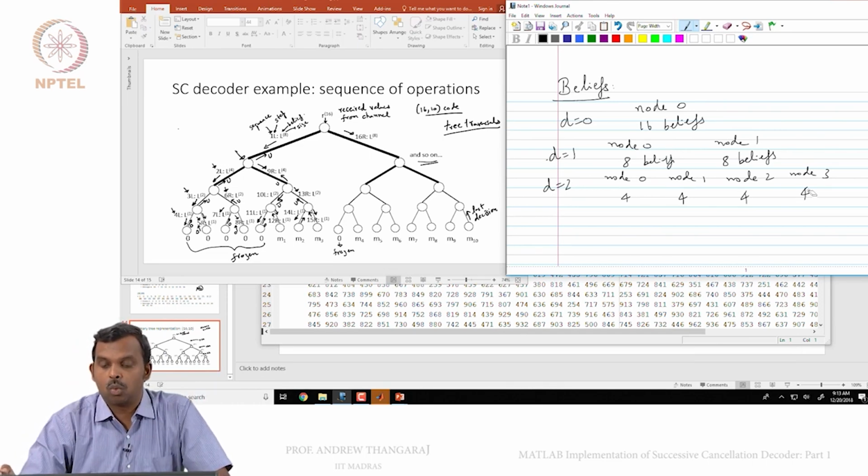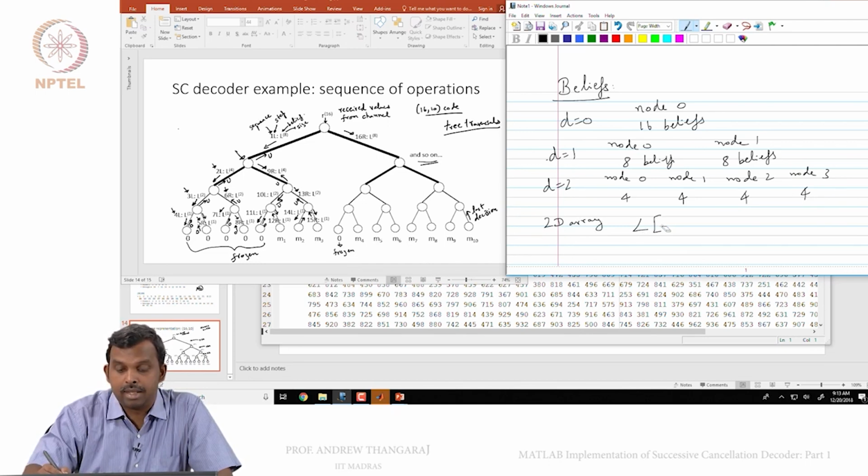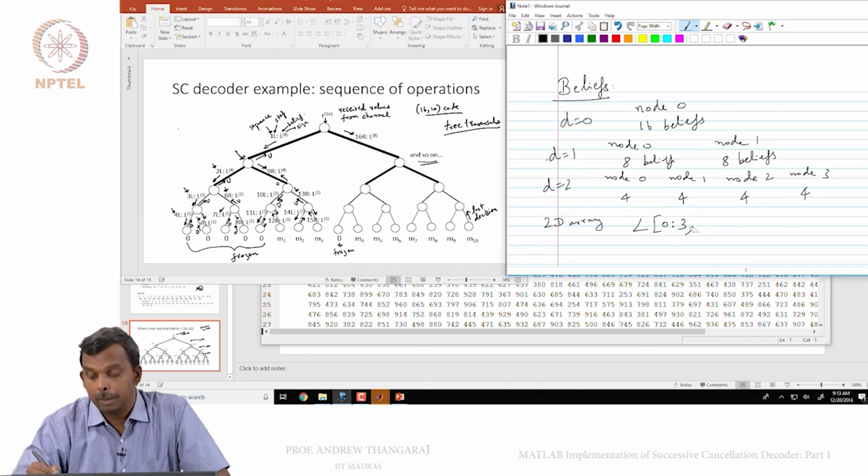So what we will do is, we will have a 2-dimensional array L of, let's say in this case, 0 colon 3, and then actually 4.